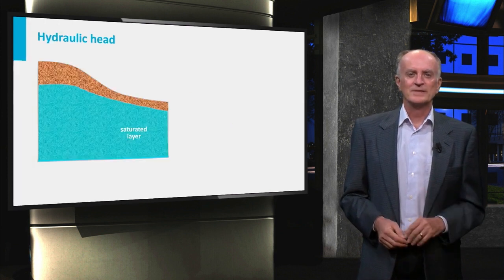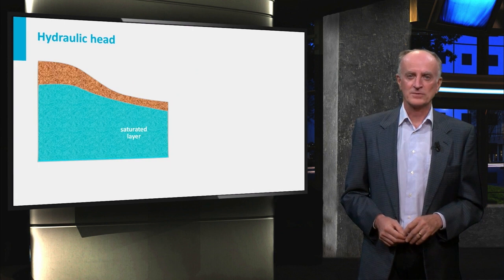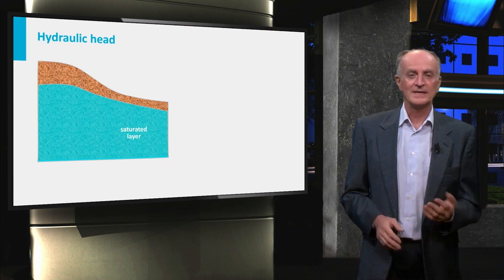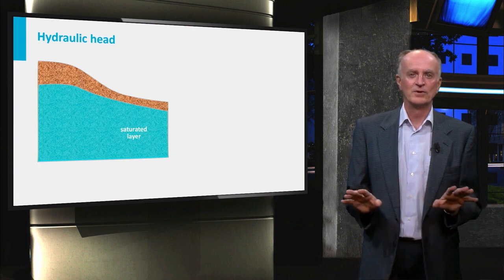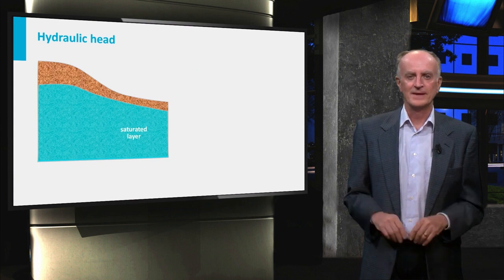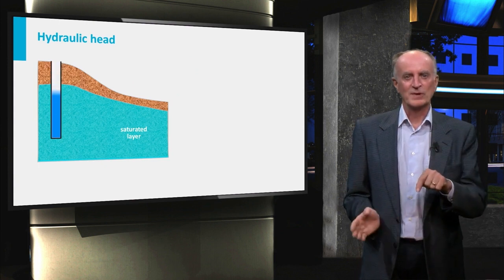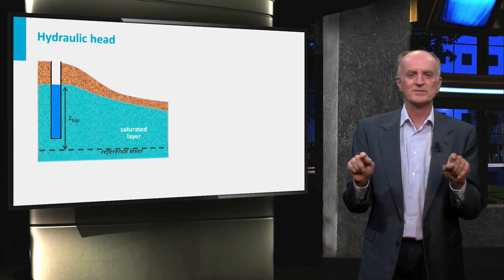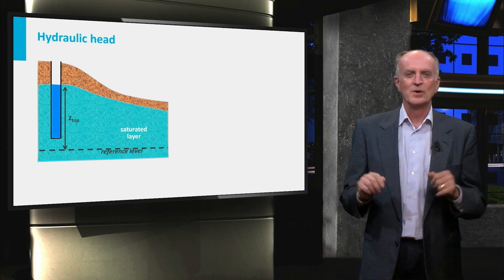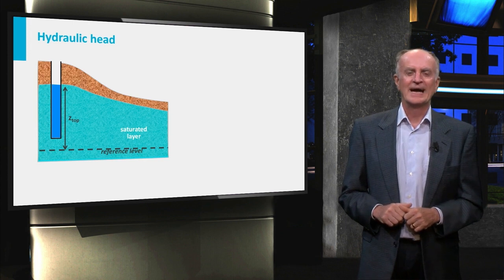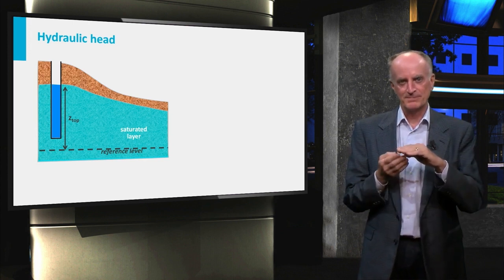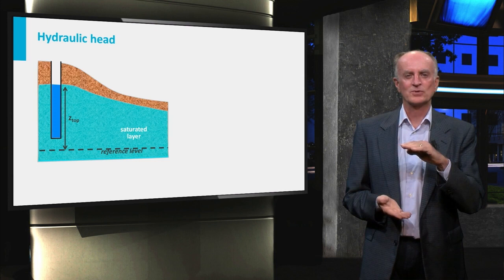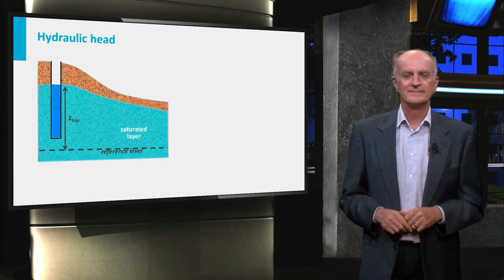Let us look in some more detail at the meaning of a head, first considering only one well in a static situation where no flow takes place. When you dig a well, water will enter the borehole and will reach a level equal to that of the surrounding water table. We will call Z top the height of the water level with respect to a reference horizon, which is also indicated in the figure.